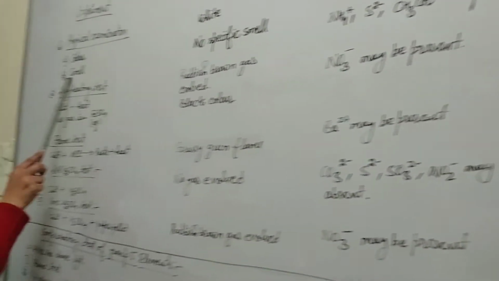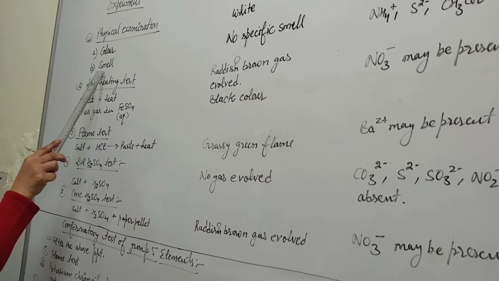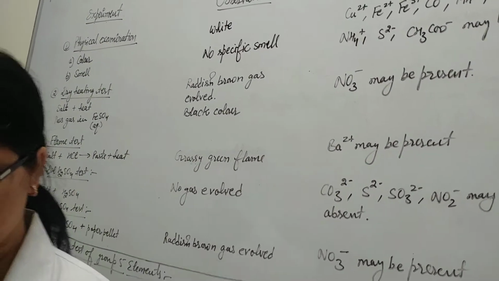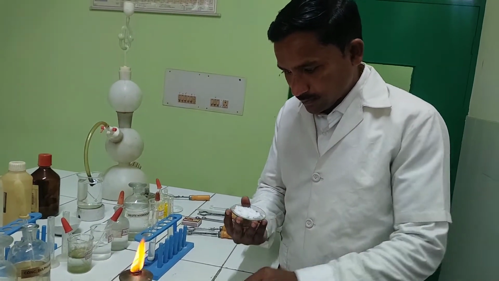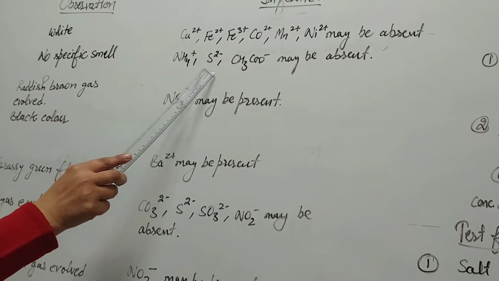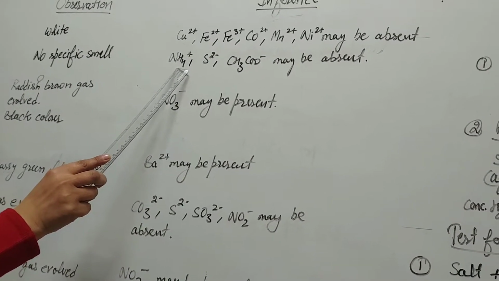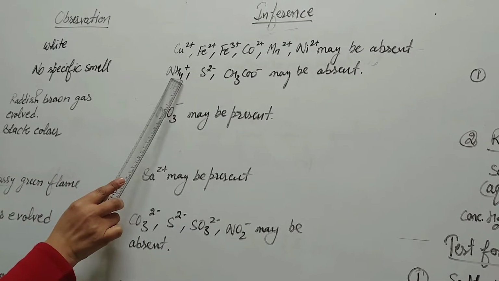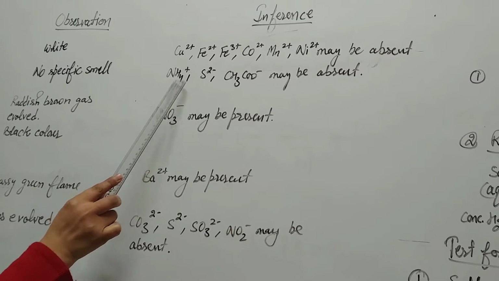Now the second physical examination is smell. In it we will smell the salt. If acetate, sulfide or ammonium salts are given, they will produce a particular smell. Ammonium salt produces a pungent smell.